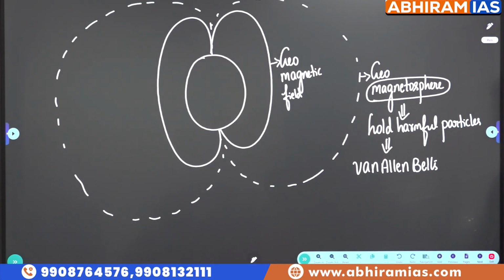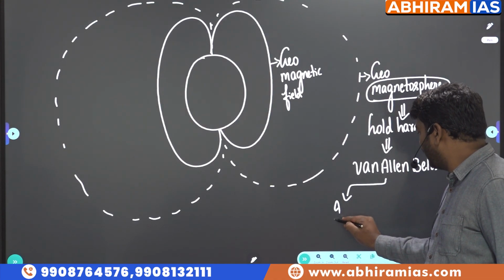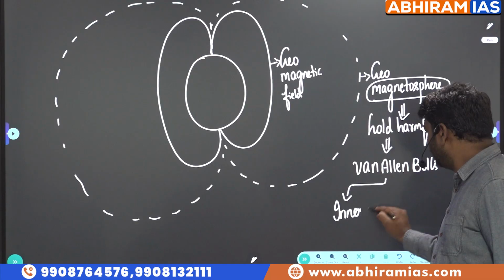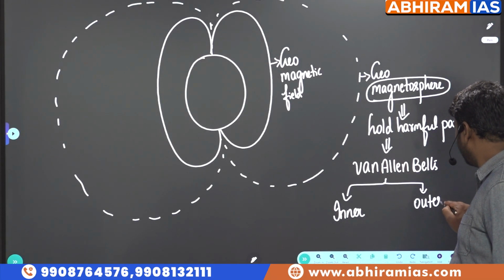Okay? Van Allen belt is harmful particles held by Earth's magnetosphere. And there will be two Van Allen belts, inner Van Allen belt and outer Van Allen belt.